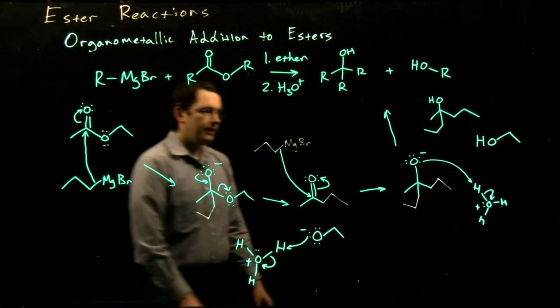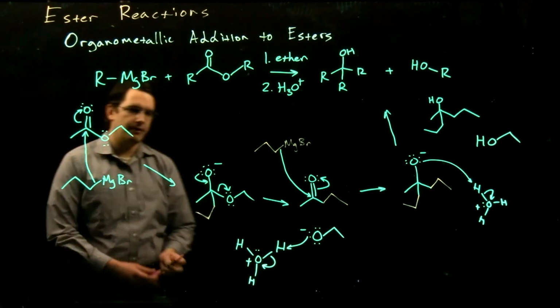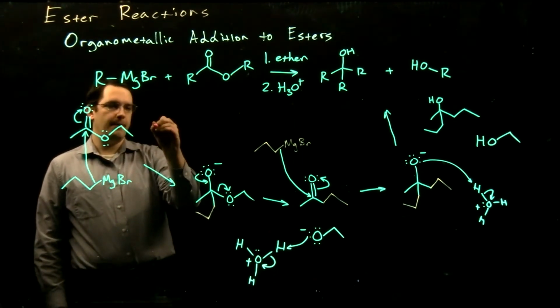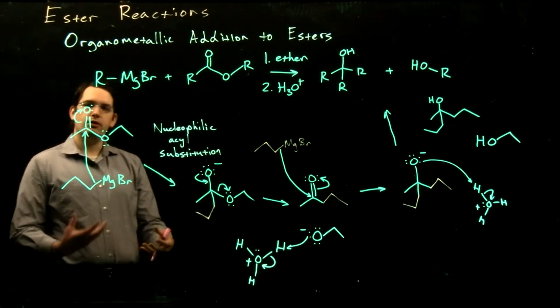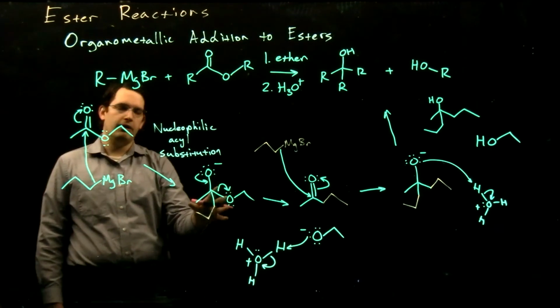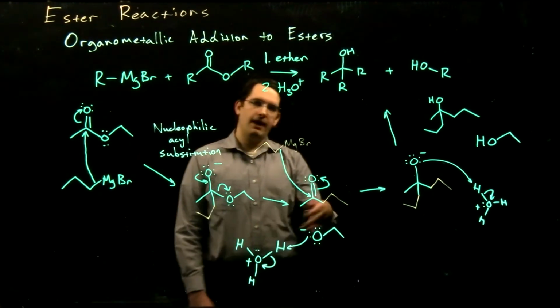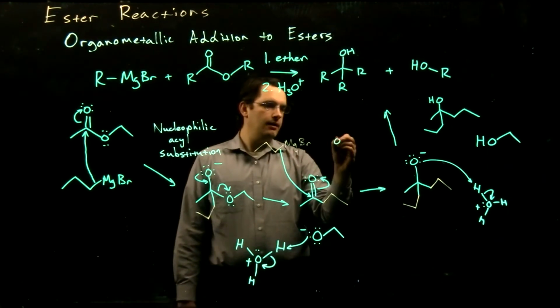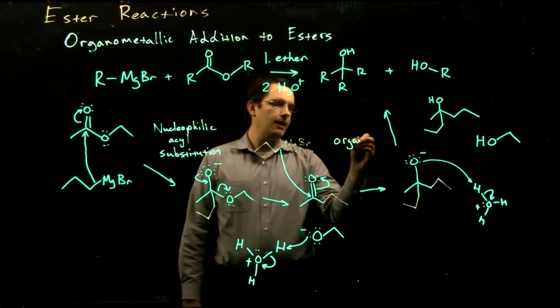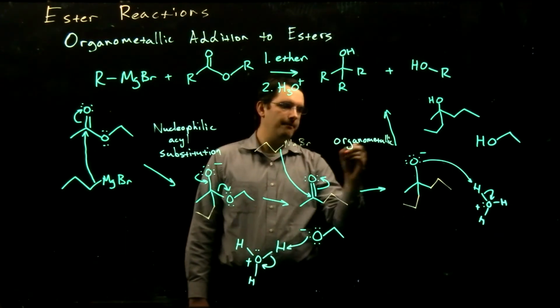Again, in terms of our mechanism, we're really just following a nucleophilic acyl substitution reaction in the first step. So with that nucleophilic acyl substitution, we see our typical addition, tetrahedral intermediate, and then elimination of our leaving group. After that, we're then reacting again using our organometallic addition to our carbonyl.